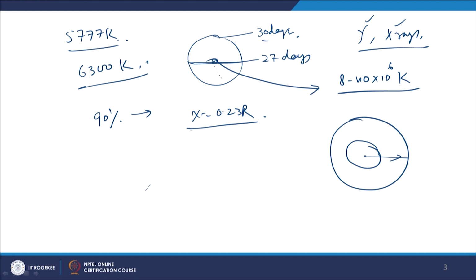And if you move a distance of 0.7 r, that is, 70% of the distance from the center, the temperature drops to 130 kilokelvin or 0.13 million Kelvin when you move towards the periphery.